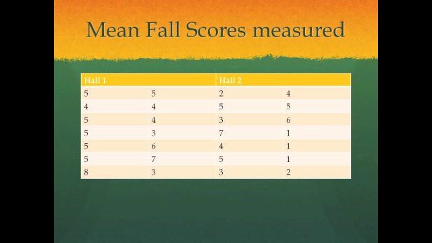So here you will see the mean fall scores that we measured in our facility, and you look at the fall scores between Hall 1 and you look at the fall scores between Hall 2, and it has the different mean scores. Each hall has a total of 14 beds, and each of these mean scores are for each resident.